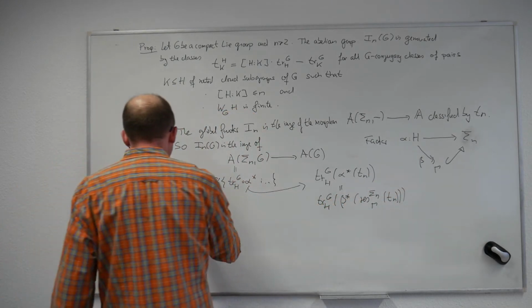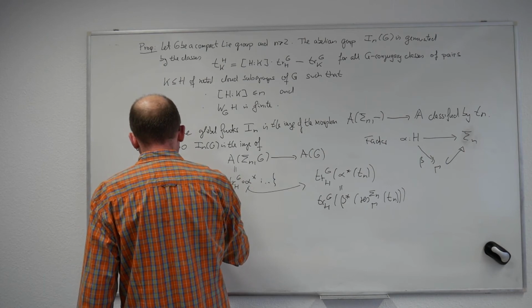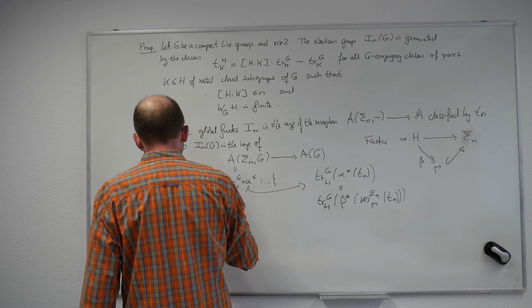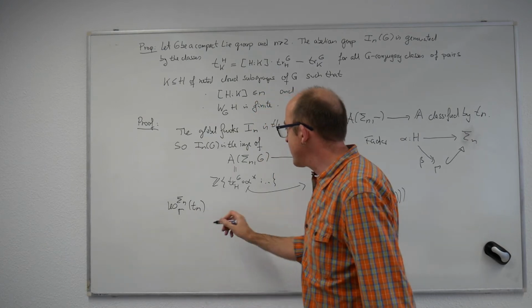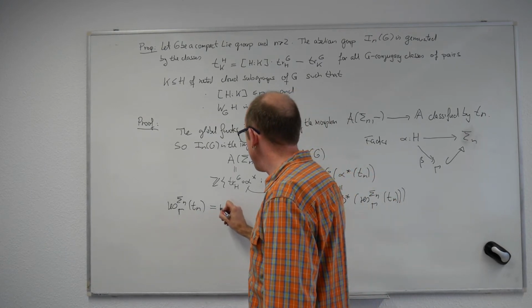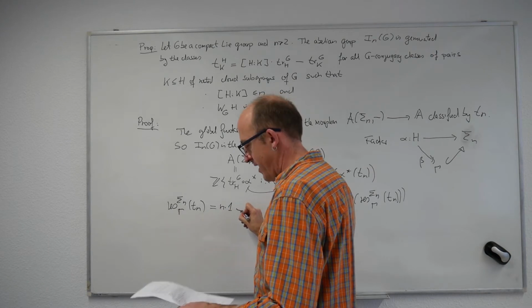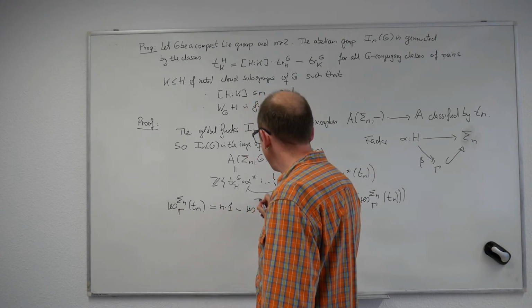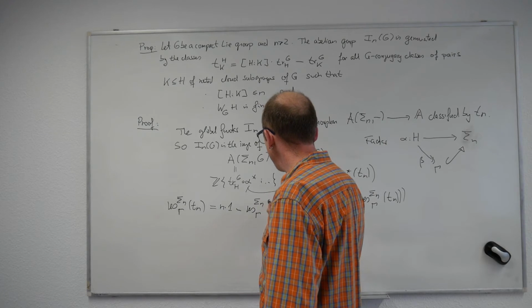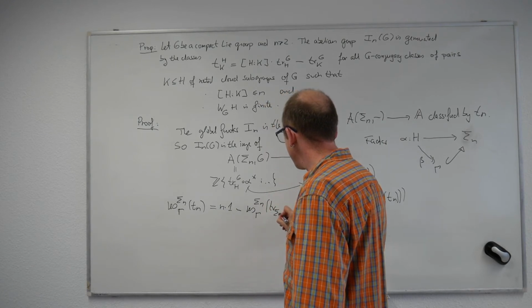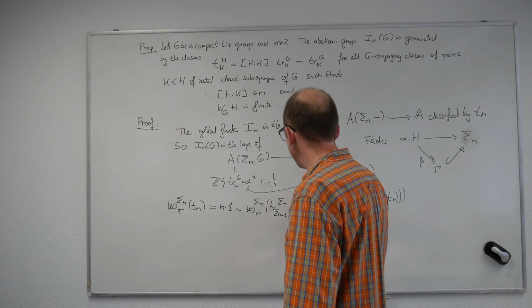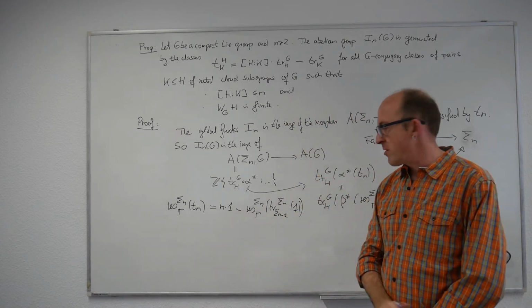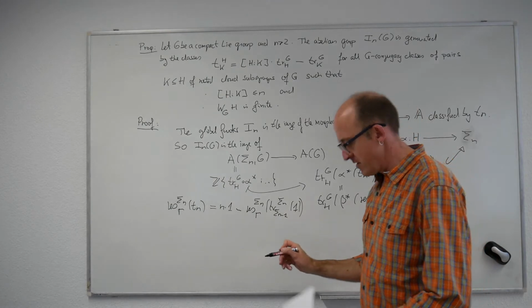So what is the restriction from sigma n to gamma of the class Tn? So this has two terms, so this was n times 1, and that restricts to n times 1, and then minus the restriction from sigma n to gamma of the transfer from sigma n minus 1 to sigma n of 1. So now we have to use the double coset formula to rewrite this term.